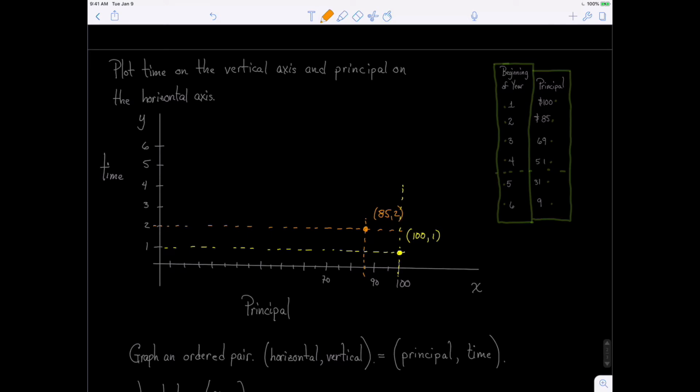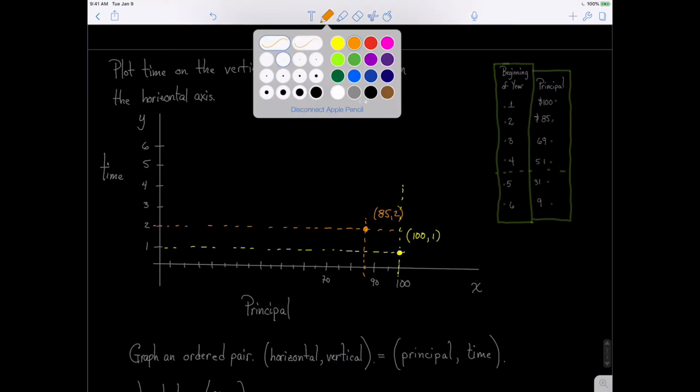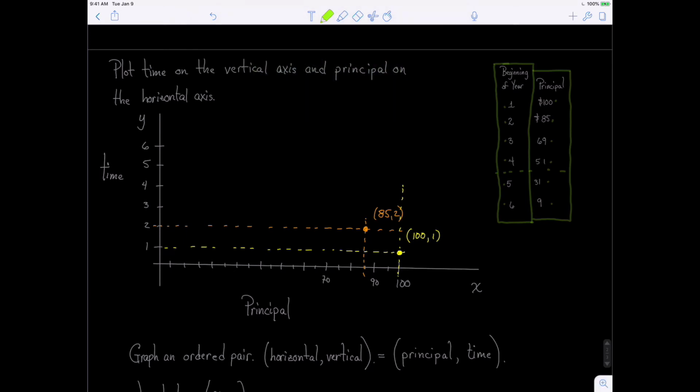Our next point is 69, 3. 69 is probably right about there. Go straight up, come across. There it is, that's 69, 3.